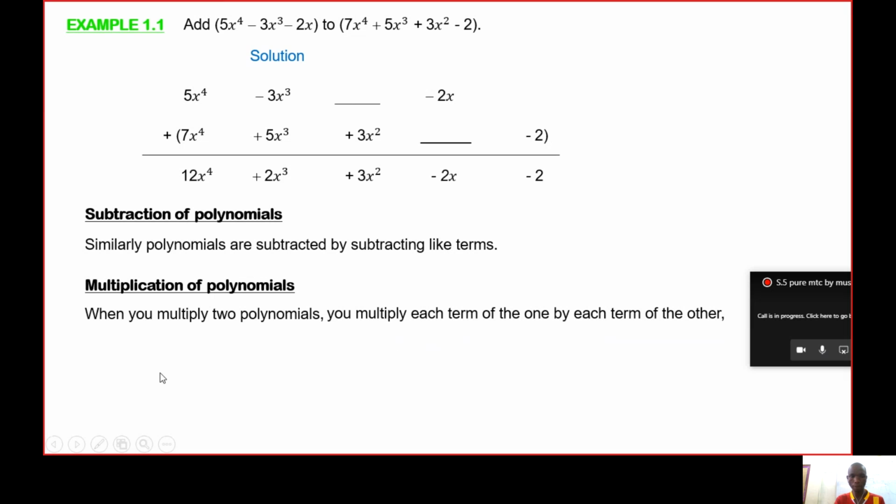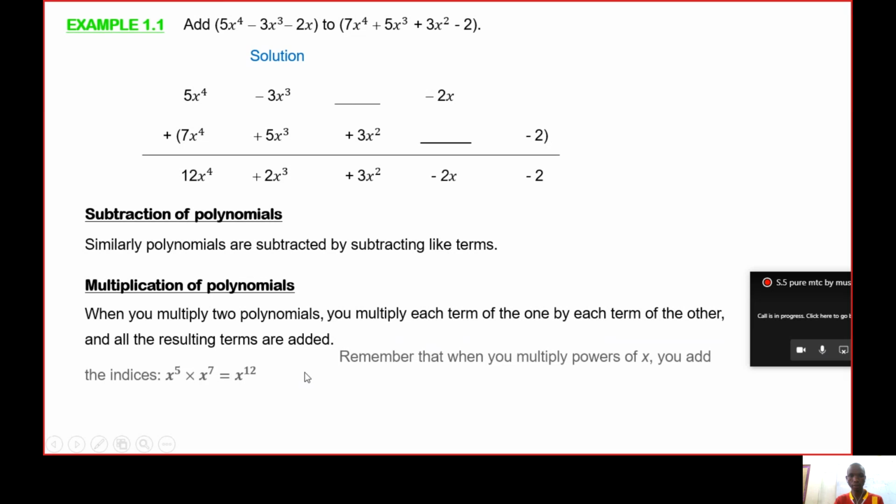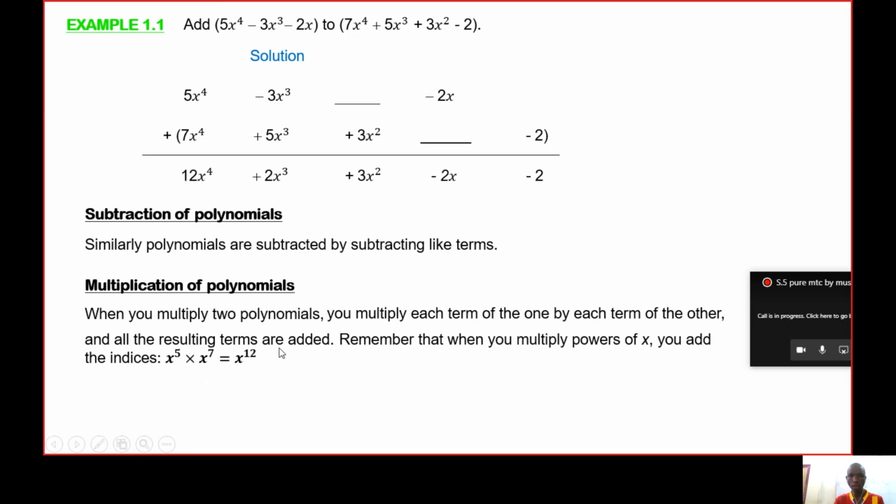That is during multiplication. And all the resulting terms are added. Remember that when you multiply powers of x, you add the indices.